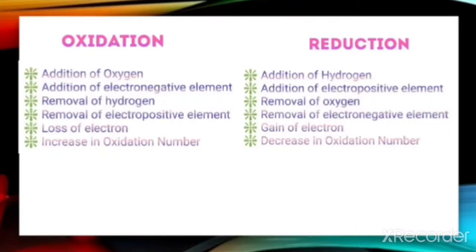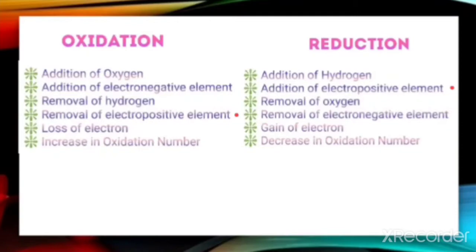Similarly, in terms of electronegative element, addition of electronegative element is oxidation, but the removal of electronegative element is called reduction. In terms of electropositive element, removal of electropositive element is oxidation and the addition of electropositive element is reduction.